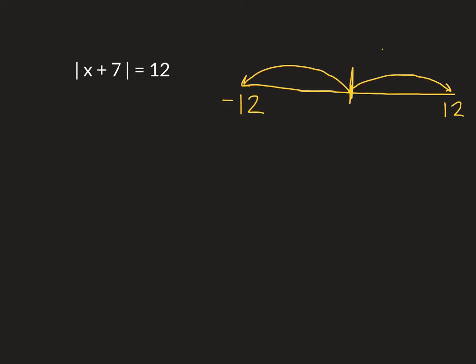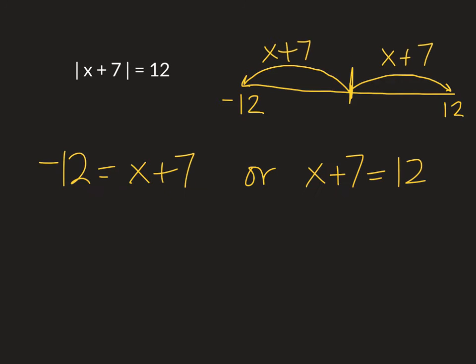So I need x plus 7 to be equal to positive 12, but I also need x plus 7 to be equal to negative 12. This is how we do it: we set up two equations. x plus 7 equals positive 12, or x plus 7 equals negative 12.